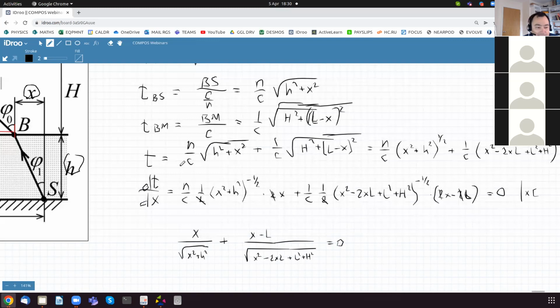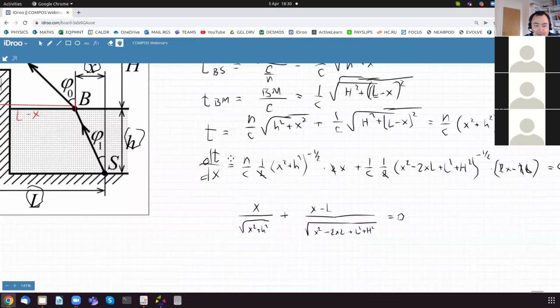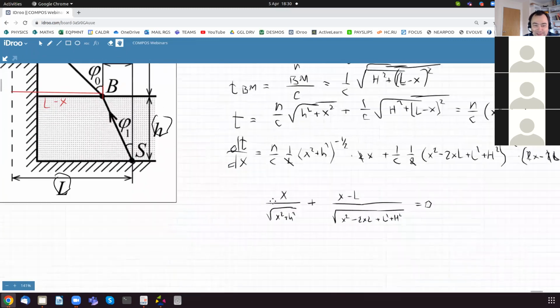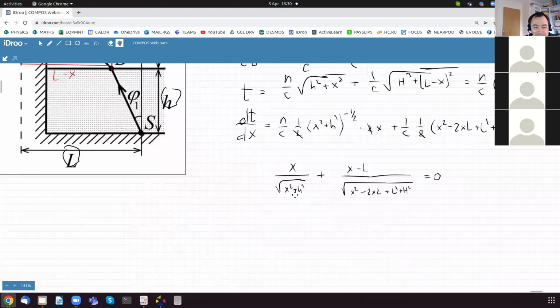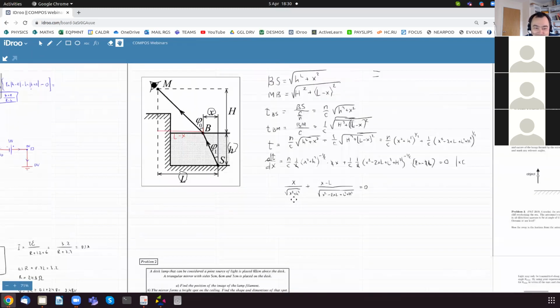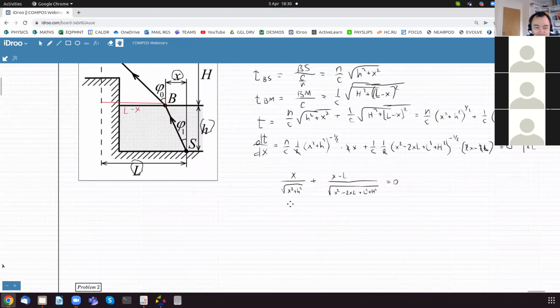Right, and this seems quite daunting, trying to solve this for x. But actually we don't really need to solve this for x. We just need to be very observant. Let's look at this triangle.